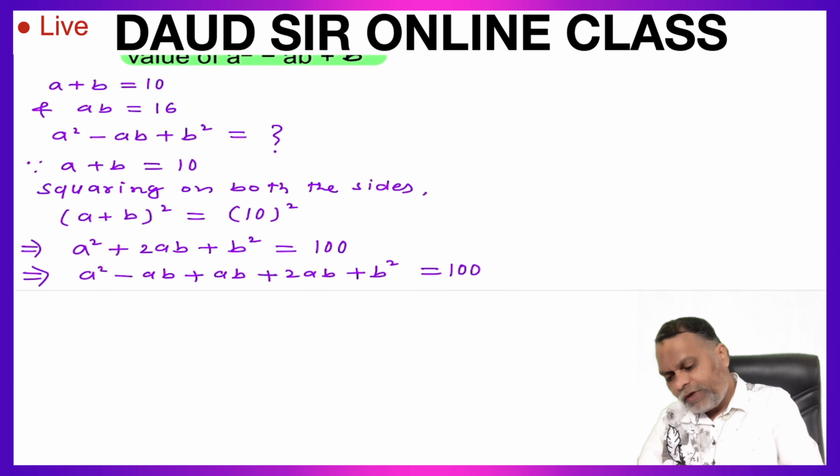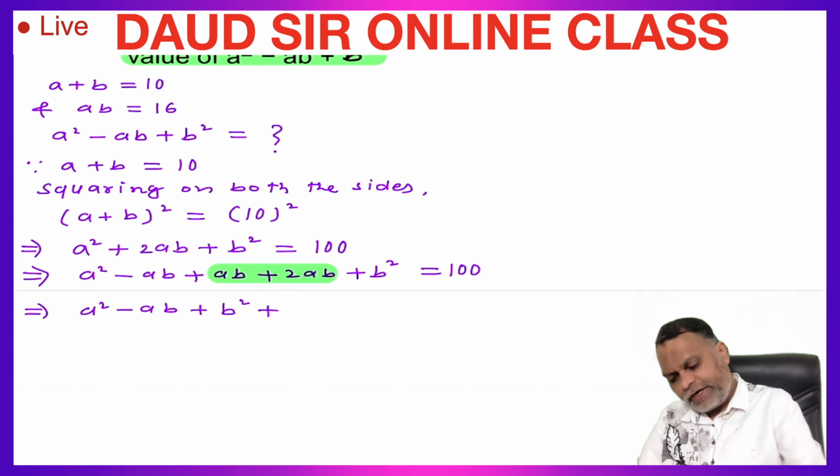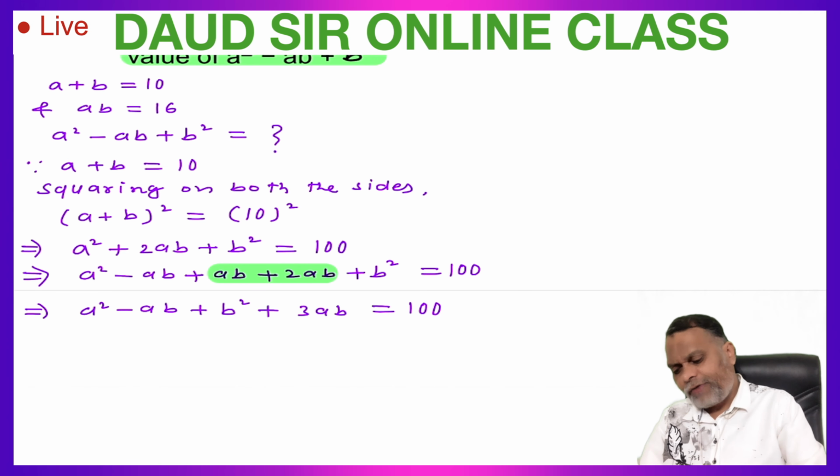Now we can add this ab plus 2ab and write these three terms as it is: a square minus ab and plus b square, and plus ab plus 2ab, 3 times ab, is equal to 100. Now use the value of ab.